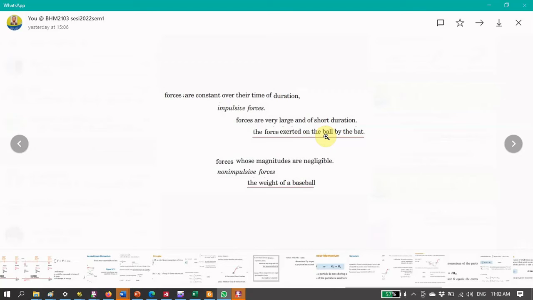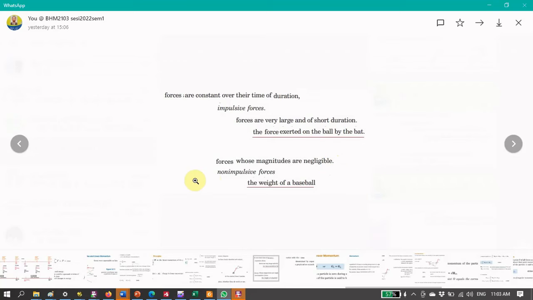So that is an impulsive force and cannot be neglected because it is so large. The other type is forces whose magnitude is very small, which we assume are negligible and ignore in order to solve the problem.